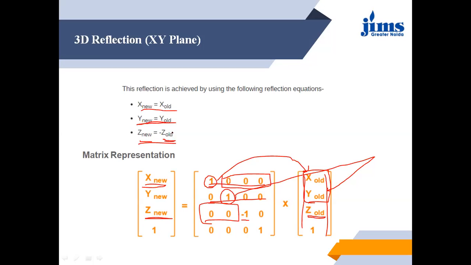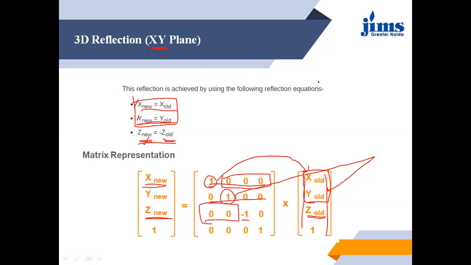We can keep one thing in mind: for the plane with respect to which we are reflecting the object, the values of those coordinates, x new and y new, are the same, but the value of the third coordinate is going to change from negative to positive or positive to negative. So this is z new equals minus z old.